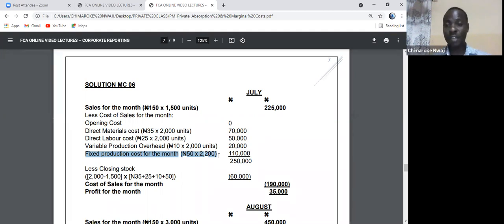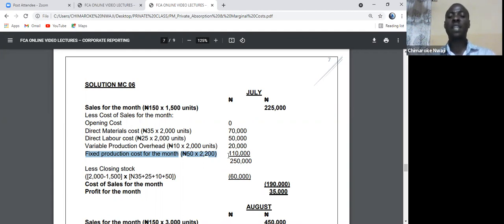Do you know why? Because fixed cost does not depend on the volume or the level of activity. So we are going to be using the budgeted level of activity, irrespective of the activity level we have. Even if we produce 3,000 units, we are going to use the budgeted 2,200.